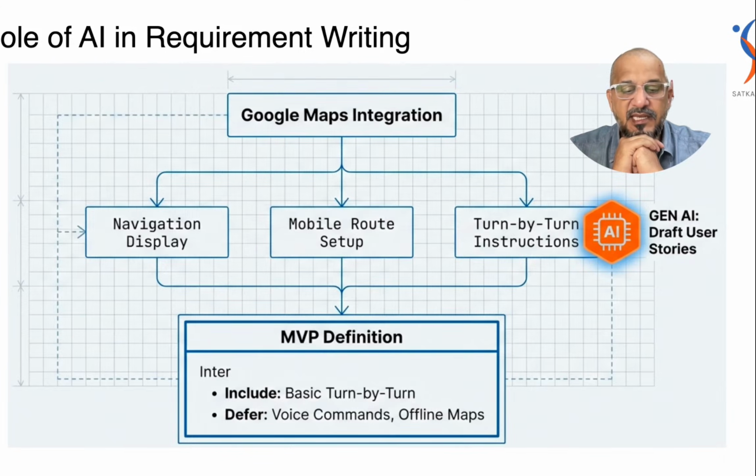As a thinker, as a product manager, or as the person who is bringing these new solutions to market, you could think more about how the display should be, how the route map should be, how the setup should be, how my turn by turn instructions should be, and so on. And let AI do most of the grunt work on producing the documentation around it. So that's definitely one other case.